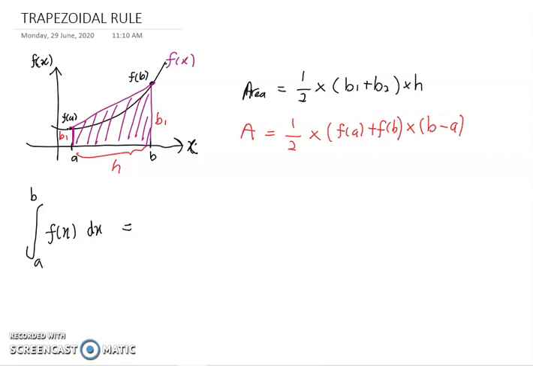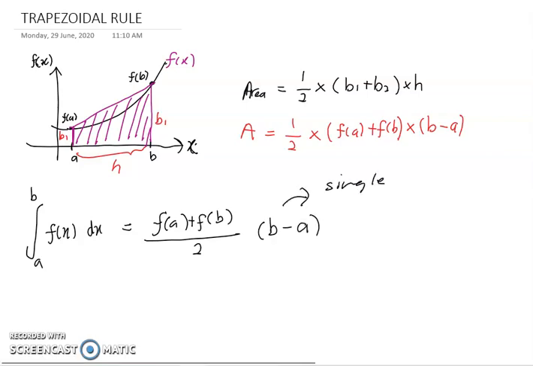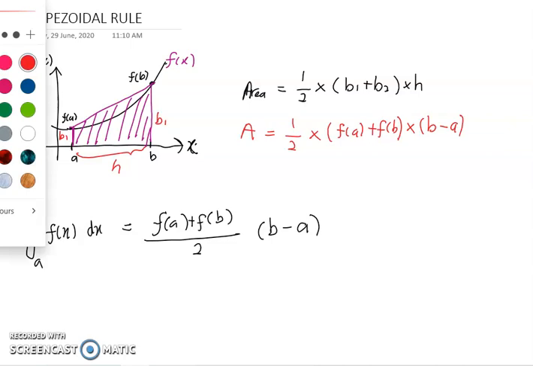So to compute the integral of f(x) from a to b, the formula is just the formula to compute the area of a trapezoid: (f(a) plus f(b)) over 2 times (b minus a). This formula is called the single trapezoidal rule since we only have one trapezoid.